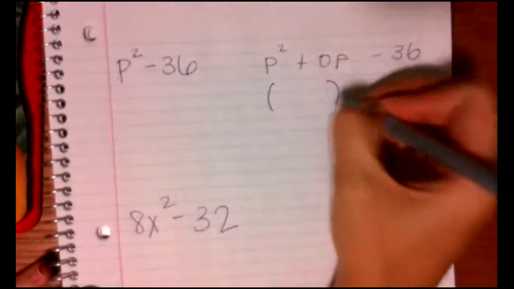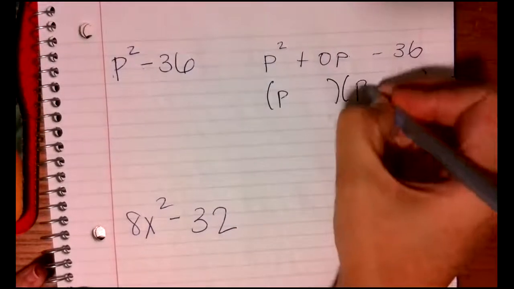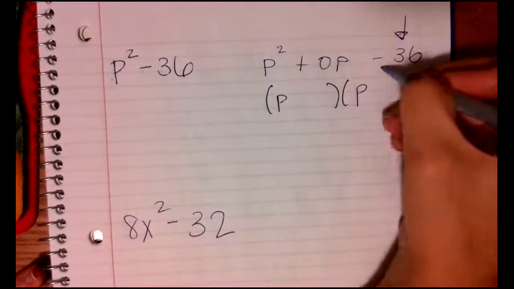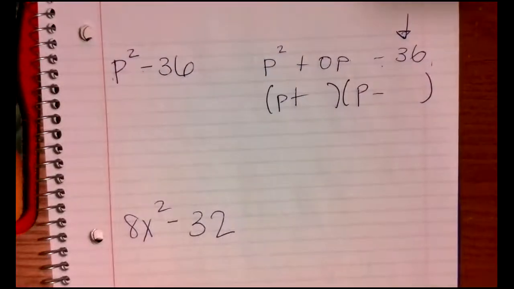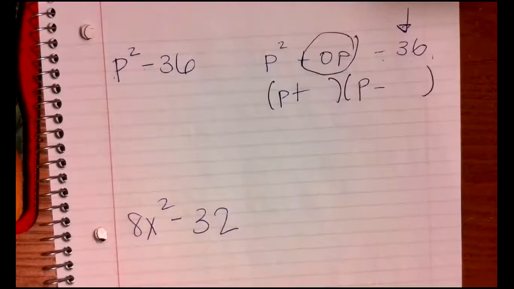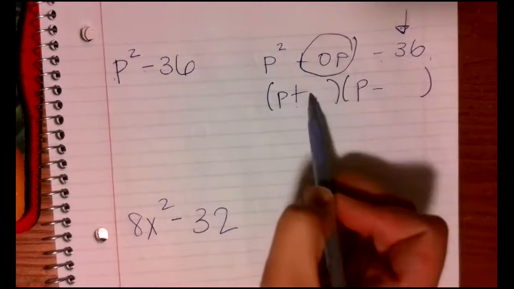So if you want to do it that way, then you're just going to be doing it like we were. P times p is p squared. And I need to find what multiplies to negative 36, so a positive and a negative, but it needs to add to 0 because that's what the middle is, 0. Well, the only way to add to 0 is if my numbers are the same.